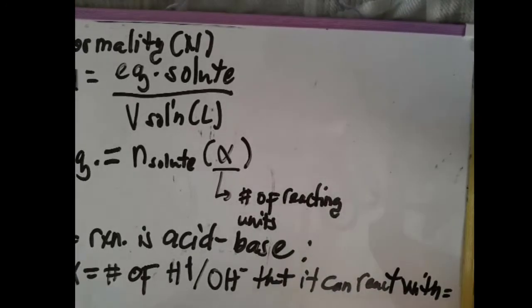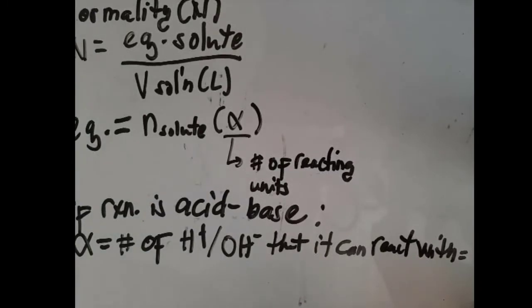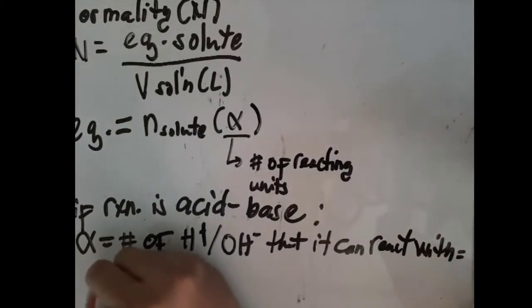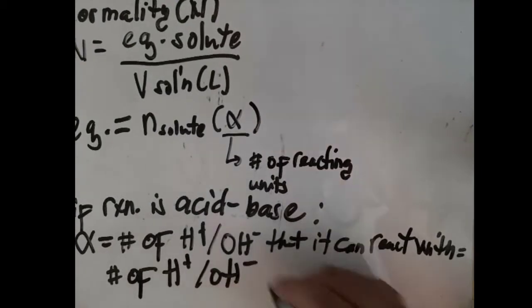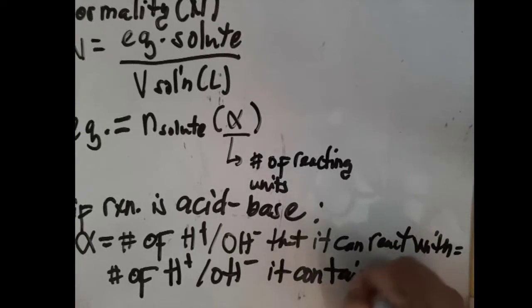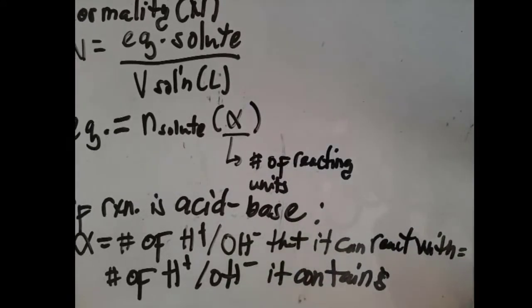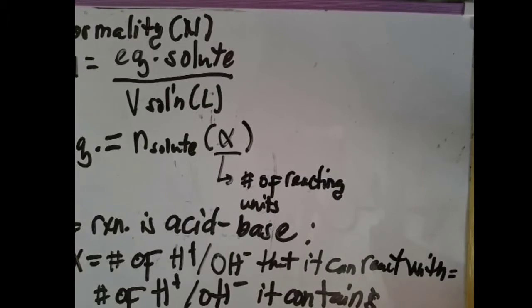In pretty straightforward acids or bases, such as acids that already contain an H plus, or bases that contain an OH minus in their formula, alpha will be equal to the number of H plus or OH minus that the solute contains in its chemical formula.